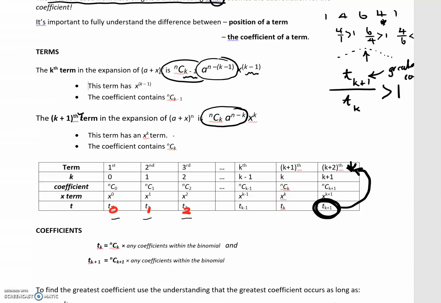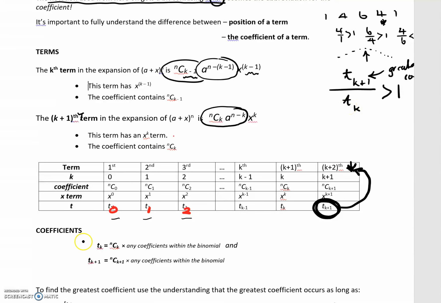Hopefully that's enough of the confusing bit, because once we've got that little bit, the actual ratio that we want to solve is the coefficient, which we're going to call k plus 1, over coefficient k.